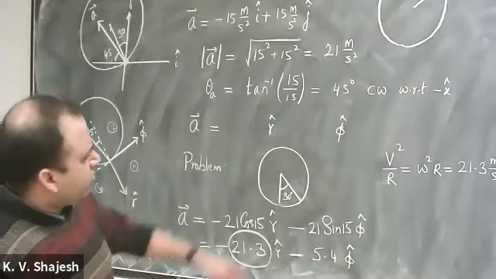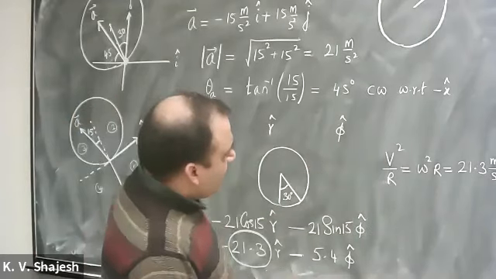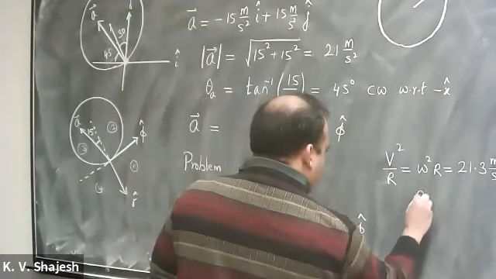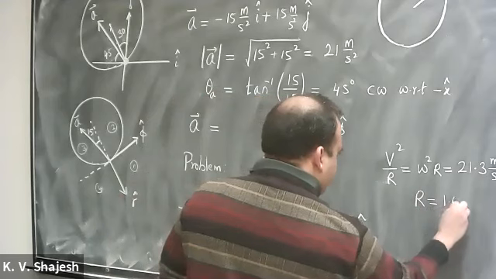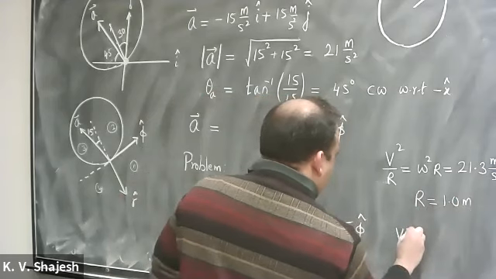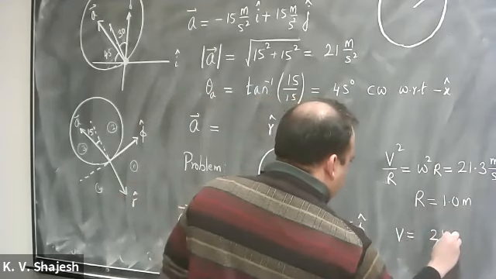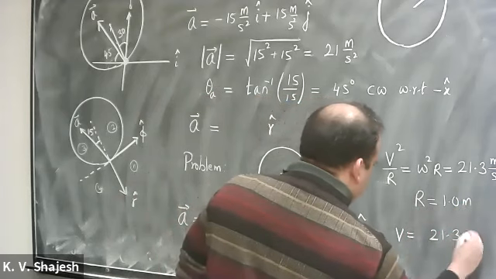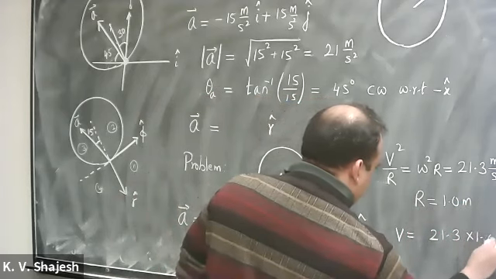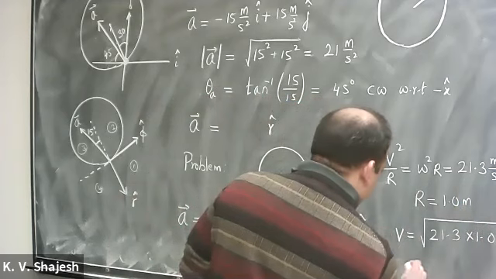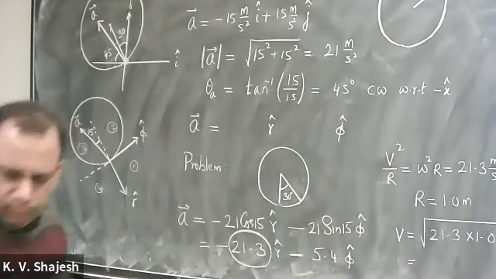In the problem, they ask you for the velocity, that's v, and r is given to you to be 1 meter. So velocity would be equal to 21.3 times 1.0, and then you take the square root of that.